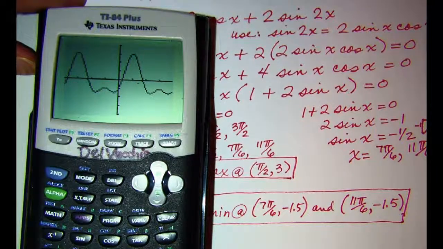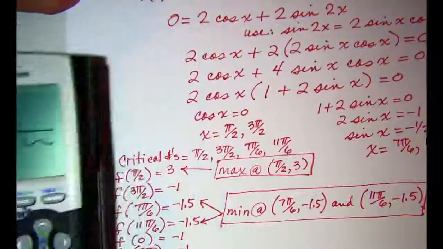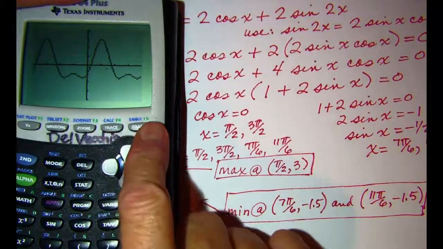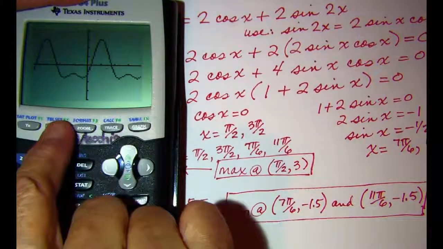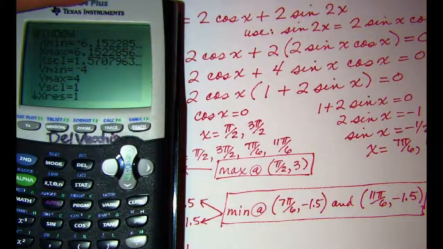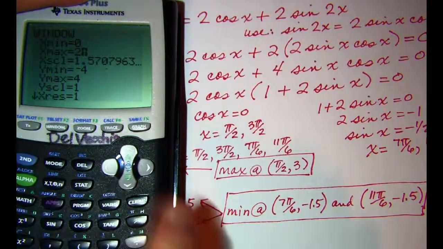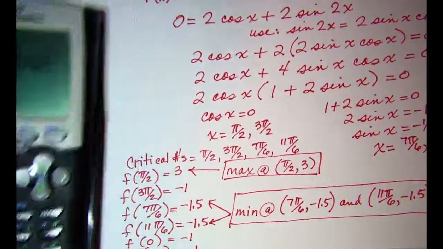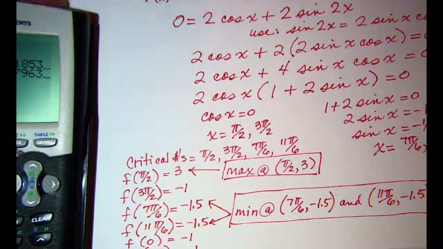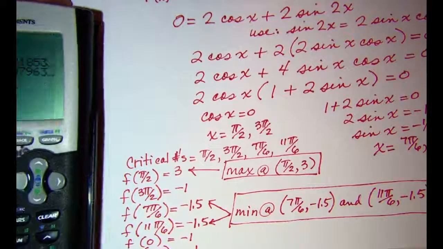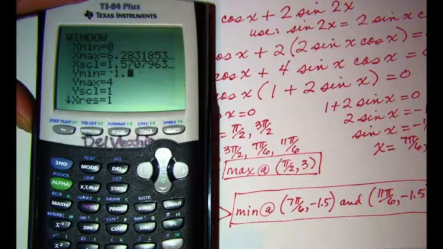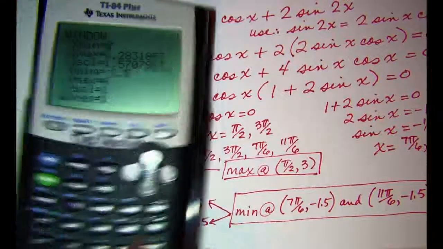That's interesting. This was just the generic window, but we can set our window so that the x min is 0 and the max is pi. Our y min, y max.